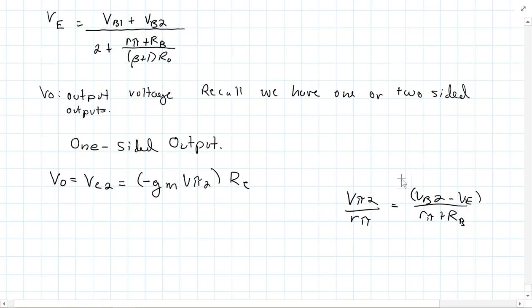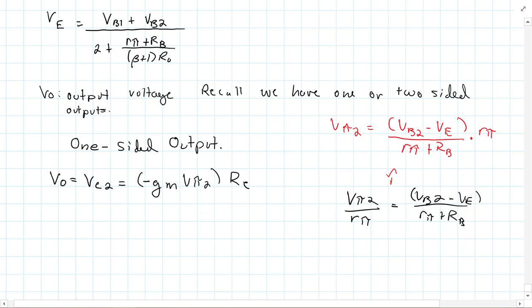And I'm going to do something I don't typically like to do, but I'm going to rewrite this: V pi 2 is VB2 minus VE over R pi plus RB times R pi.